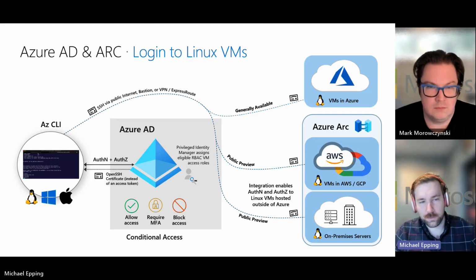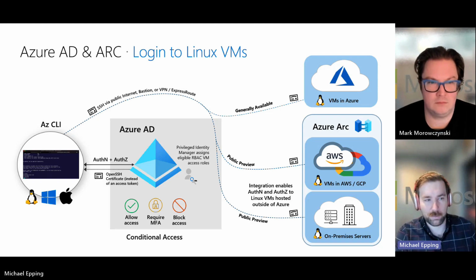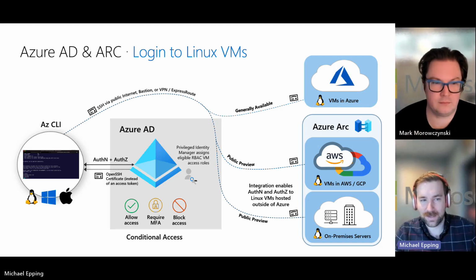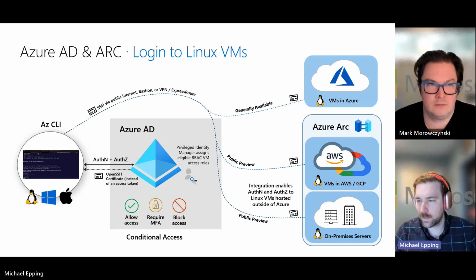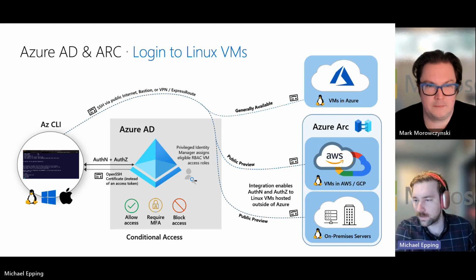The way that this works is that the user is going to use their SSH client, and we'll talk more about some of the requirements for that. And just like accessing any other application, they're going to authenticate to Azure AD, and Azure AD is going to check if they're authorized. So we can check to see, did they do an MFA? Is their device healthy? Do they have the appropriate role to access the virtual machine that they're trying to get access to?